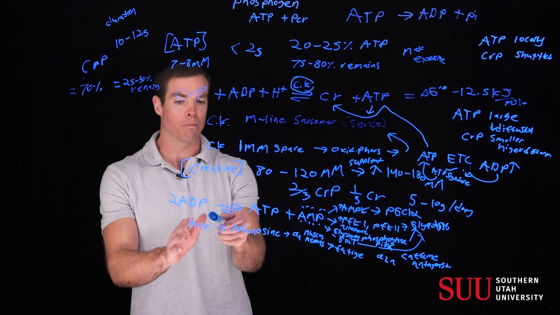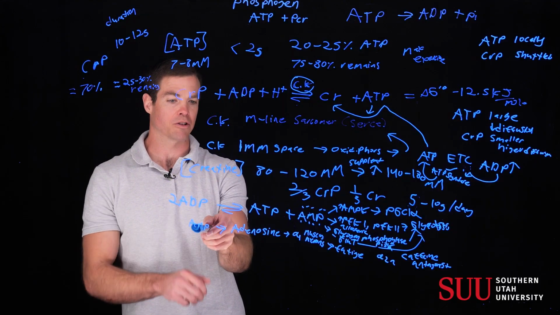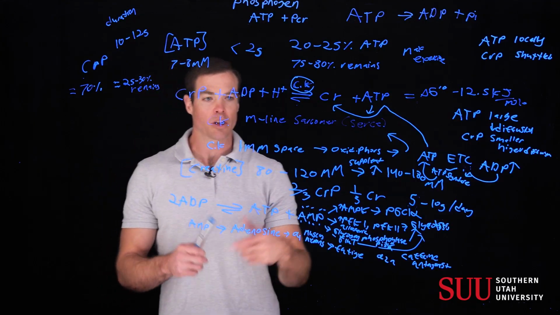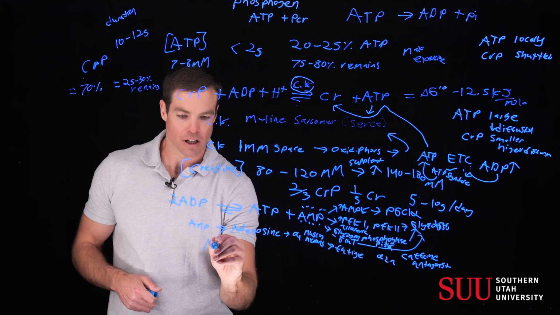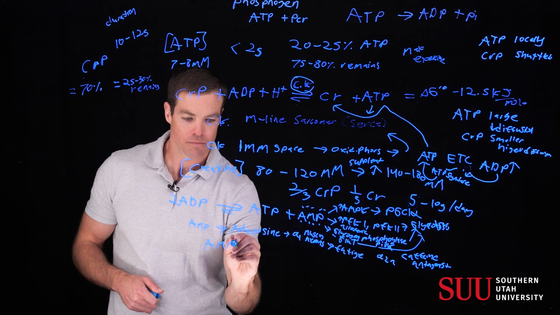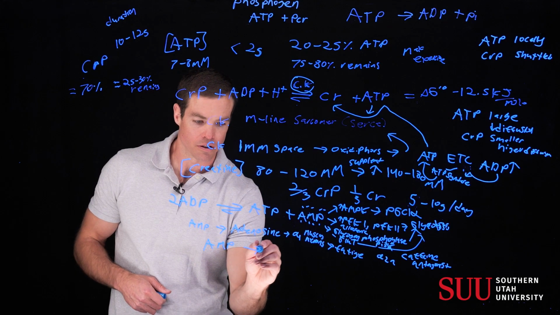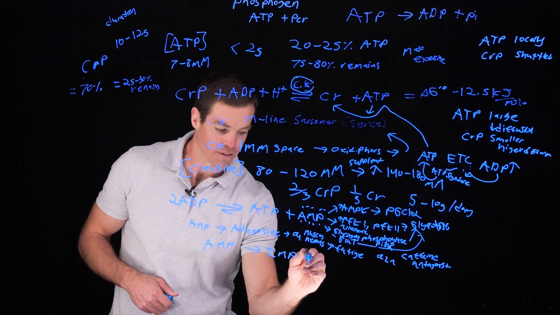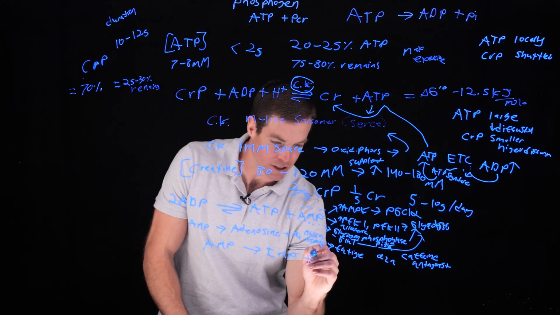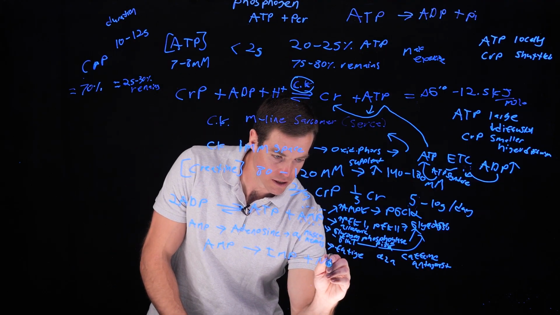So that's another issue with building up AMP levels. We can get adenosine, and there are other ways that we can clear the AMP as well. For example, you can take AMP and convert it to IMP, and when you convert to IMP, you also make ammonia.